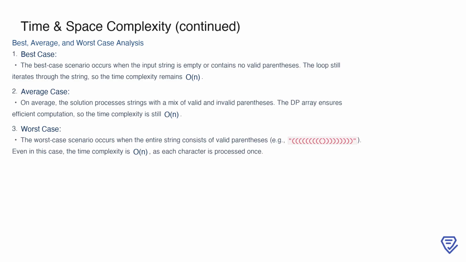For the worst-case scenario, imagine the entire string consists of valid parentheses, such as a long sequence of open and close pairs. Even in this case, the solution processes each character only once, ensuring the time complexity remains O(n). Across all cases, the space complexity stays at O(n), due to the DP array.